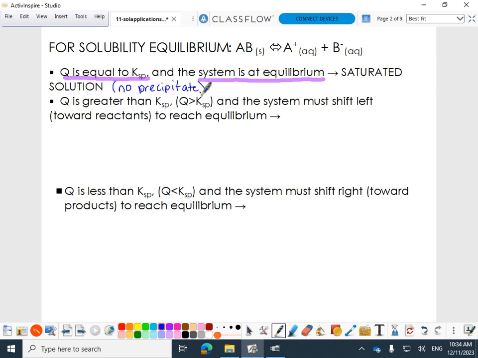Saturated means the maximum amount that is dissolving, which implies that there is no precipitate. The solid has been able to be hydrated by the water.